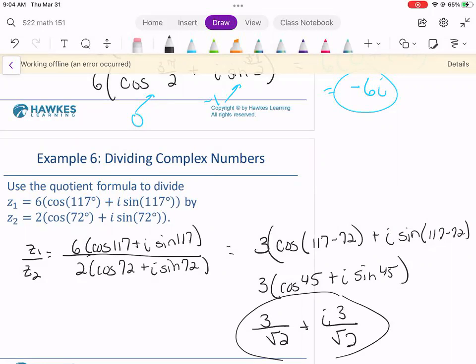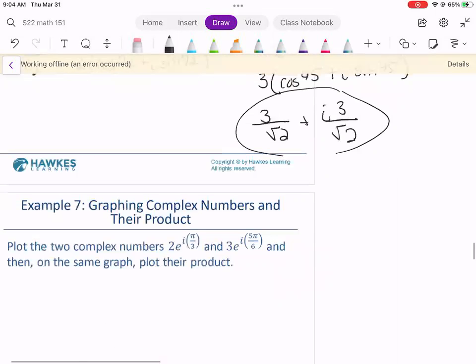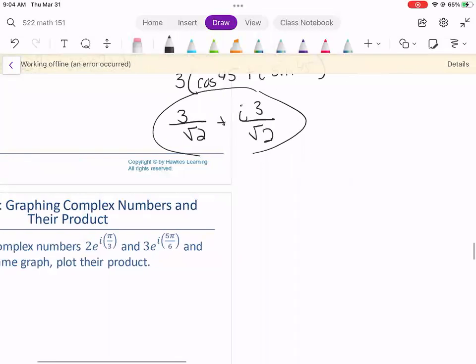The idea of the multiplication and division can also be seen graphically. If you remember what we talked about previously in terms of multiplication and division, we're multiplying and dividing the magnitudes, and we're adding and subtracting the arguments.